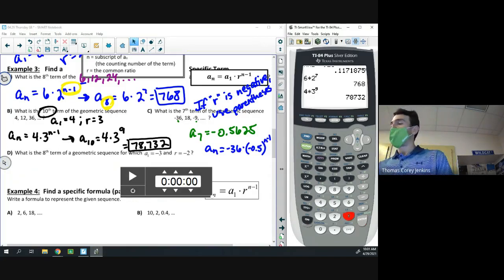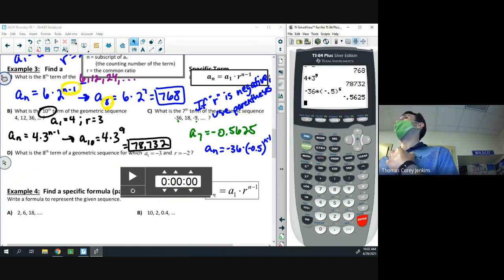So negative 36 times, and again, when you have a negative, you put that in parentheses, and it'll do the sign correctly for you. So negative 0.5 to the whatever. We're doing the sixth. So there it gives you a negative. Whereas if you just type in negative 36 times negative 0.5 to the 6, it's going to give you positive. It will give you positive every time there. Okay, so just a reminder.